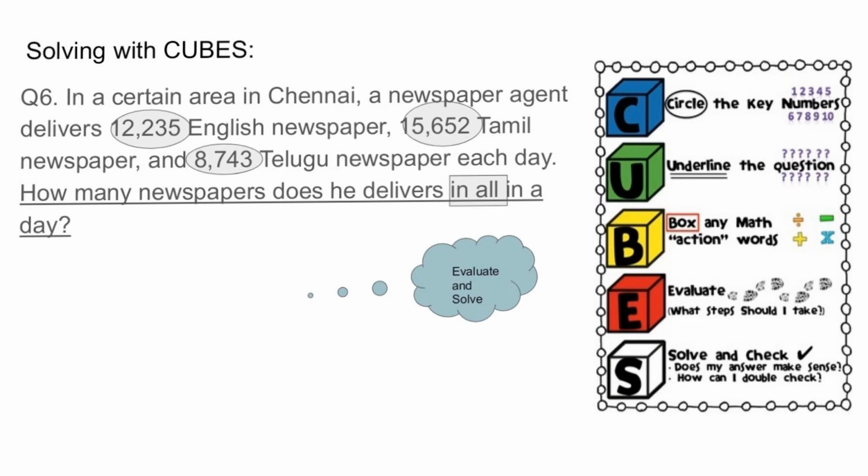So, in all is the keyword which is suggesting you to add. Evaluate the question again and then solve. Following this cubes method helps you solve the word problem. In this process, you tend to read the word problem twice, which will lead to accuracy.